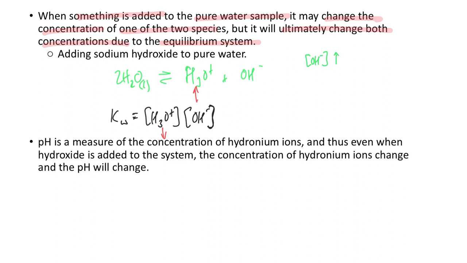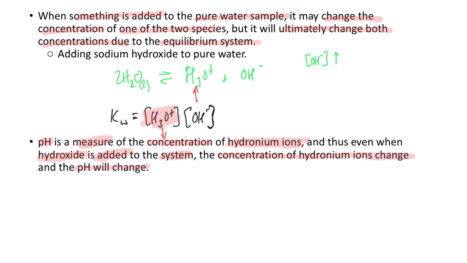Because pH is a measure of the concentration of hydronium ions only, these ones here, even when hydroxide is added to the system, the concentration of hydronium ions will change, and therefore the pH will change.